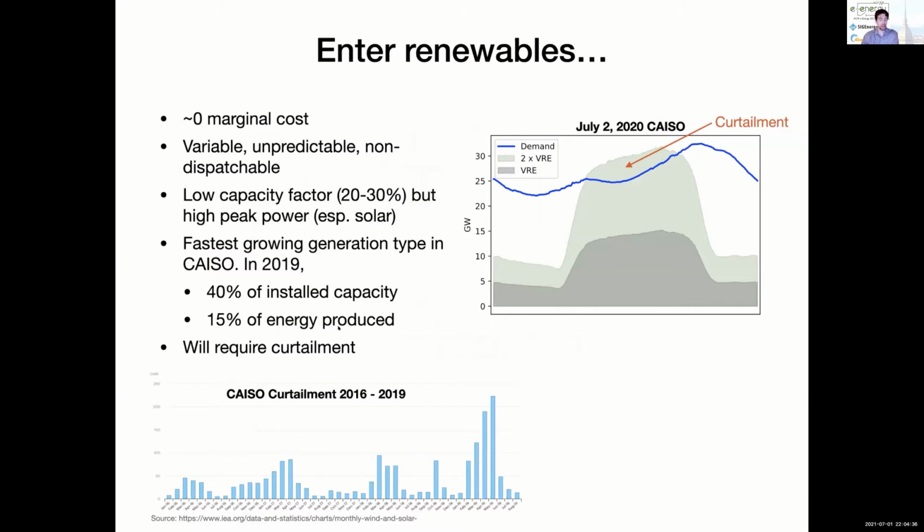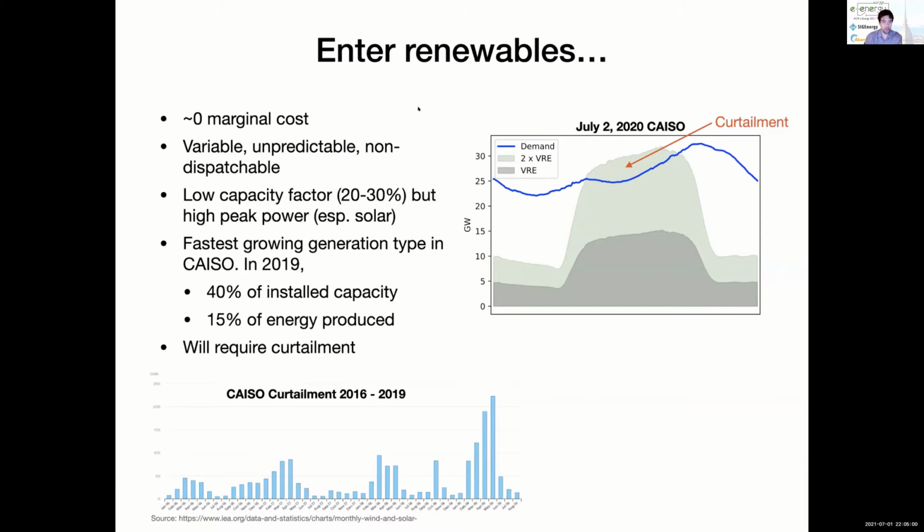All right, so the story on the previous slide is what the power system looks like today. If we consider the future where we're under higher penetrations of renewables, things change a little bit. So here are some key characteristics as they relate to the market problem for renewables. One is that they have approximately zero marginal cost, that is, it's free to dispatch more renewable energy in the short run.